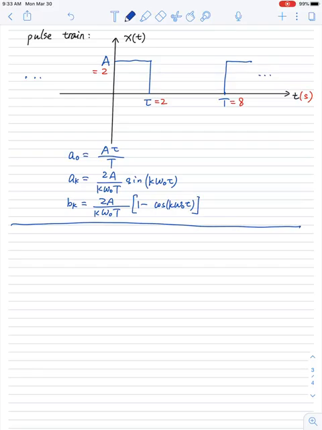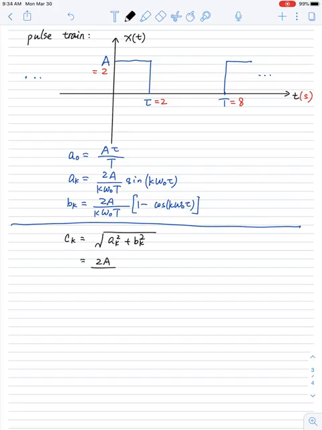Now, if we want to find the coefficient for the amplitude and phase representation, we need to calculate the following formula. So CK is equal to AK squared plus BK squared, and then take the square root.